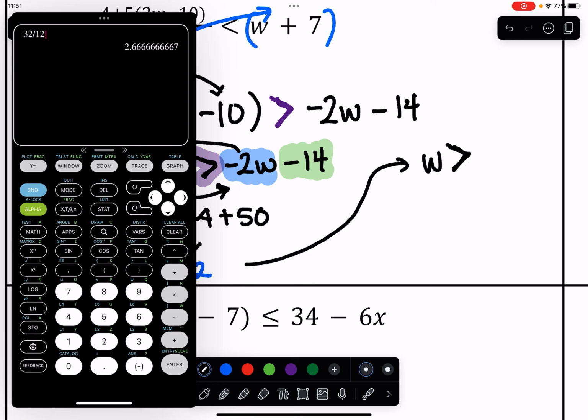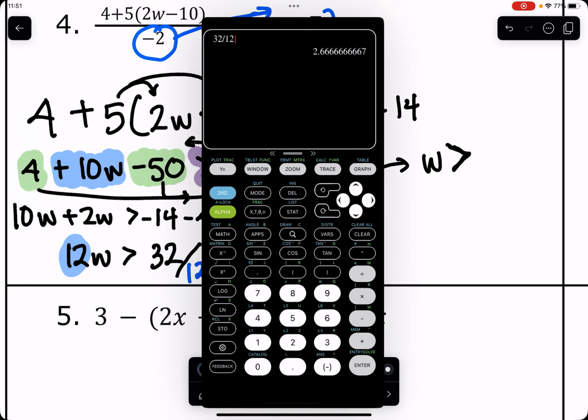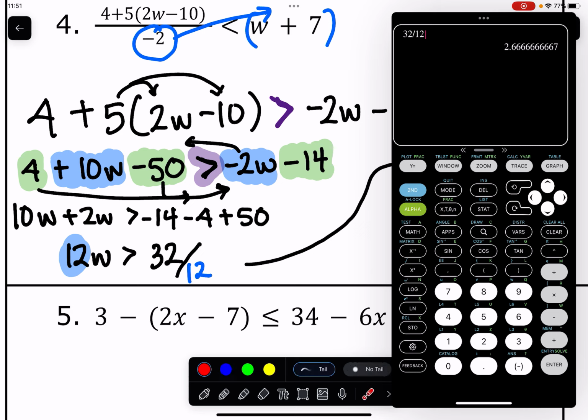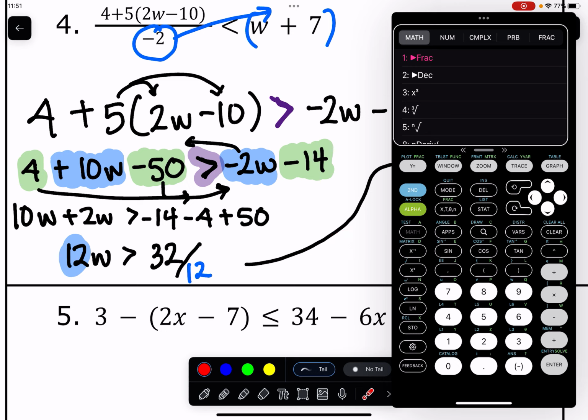Now, if you're using, again, the yellow calculators, the 84s, the way to convert this answer into a fraction is that we're going to click on this math key right here. You see that it turned yellow, white, this math key, and we're going to select the first option, the one that says fraction.